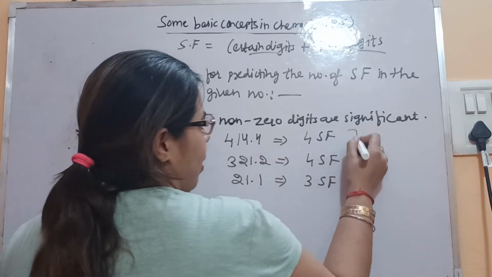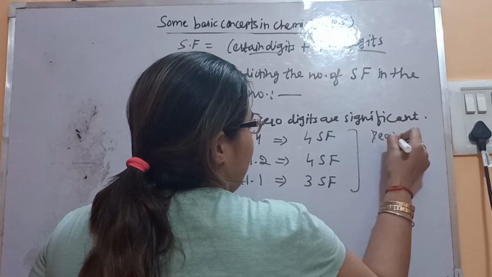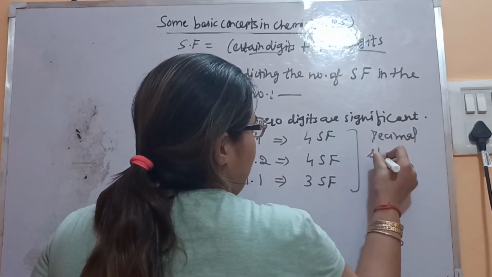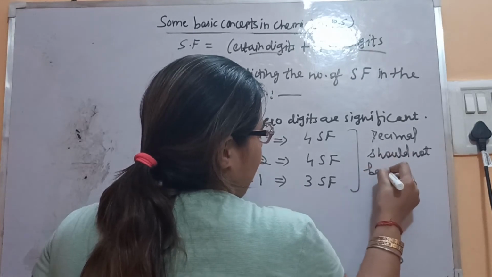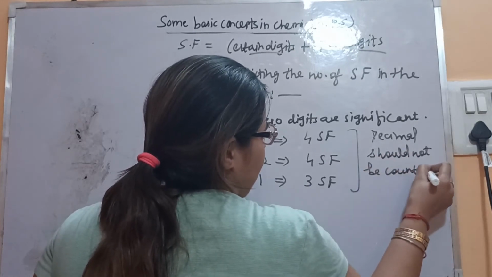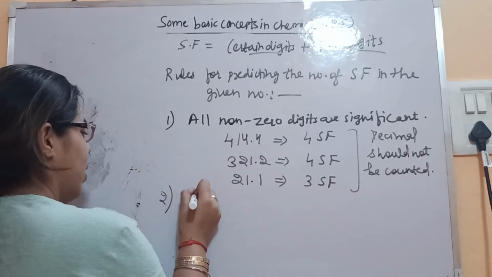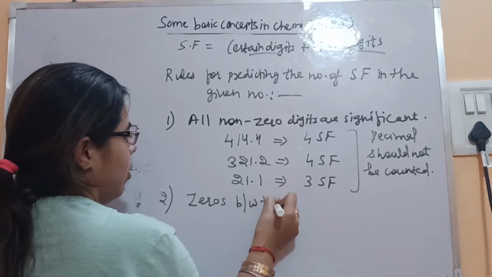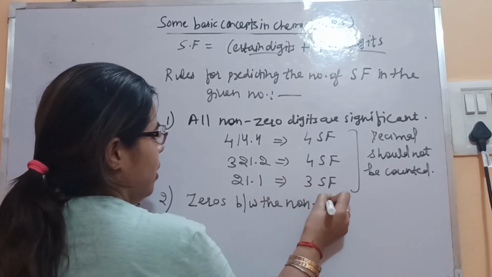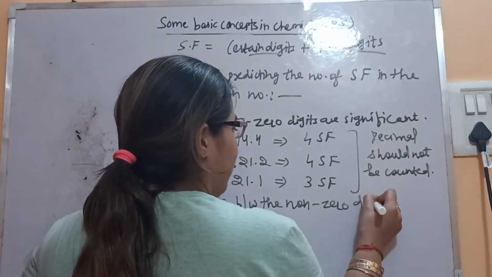Next rule. Keep one point in mind: the decimal should not be counted towards significant figures. Then, zeros between the non-zero digits are significant.